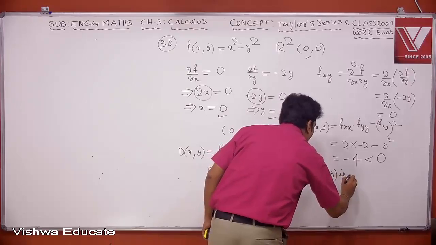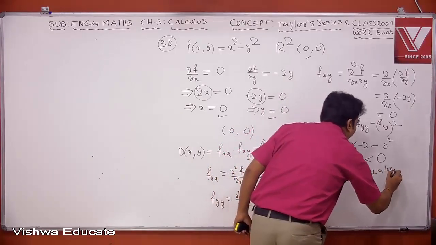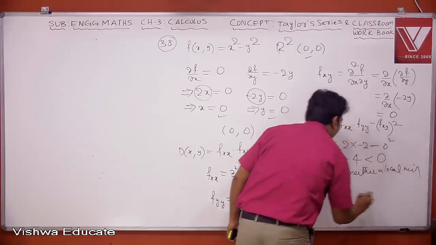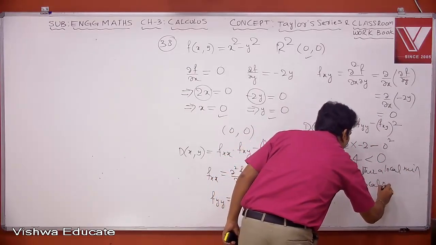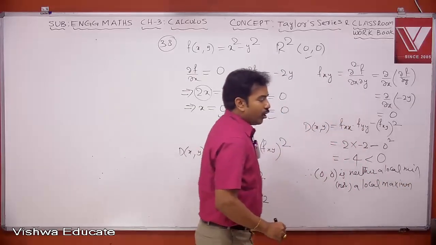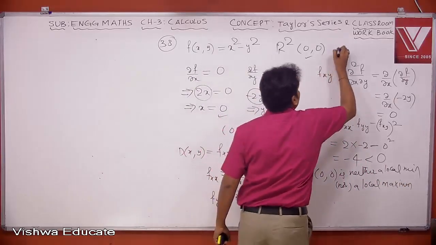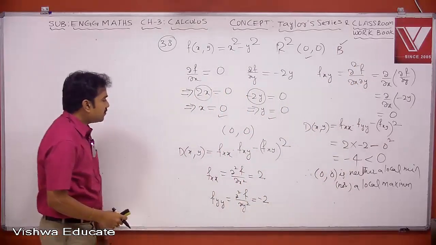Therefore (0, 0) is neither a local minimum nor a local maximum. Therefore option B is the right answer. So this is by using the second derivative test.